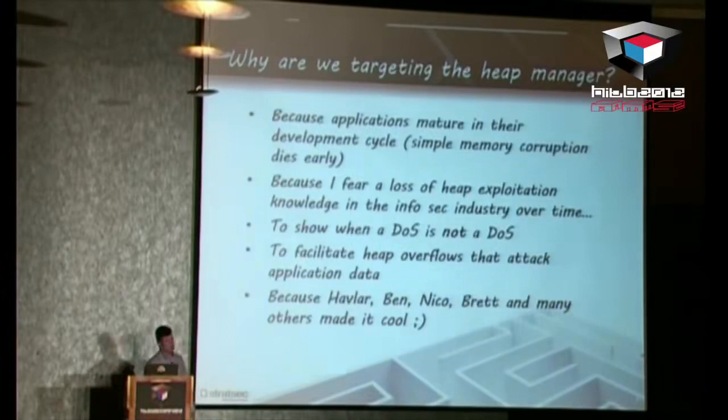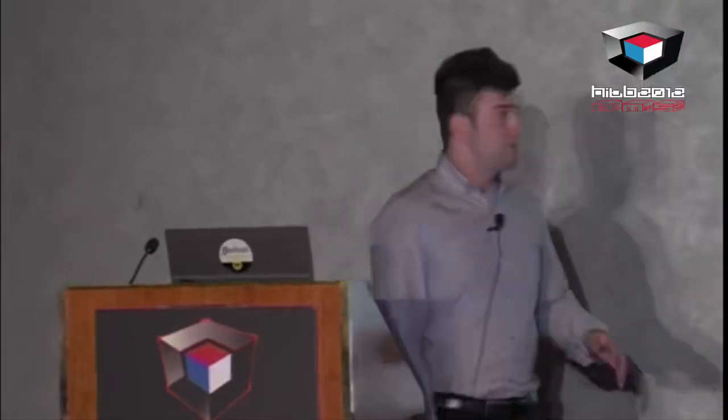Heap overflows are a lot harder to find, and memory corruption in the heap in general is a lot harder to find, because of the dynamic way it runs, and because at the time of an overwrite or triggering a corruption, you don't actually have the bug. The bug happens there, but the trigger is often not right there. It's often during the use of another chunk later on in the application's execution, or when a free occurs, or what have you. So I really do fear a loss of heap knowledge in the industry.